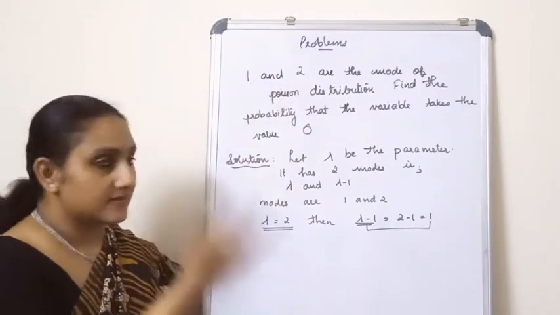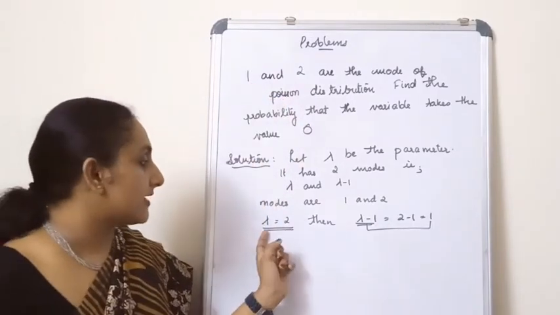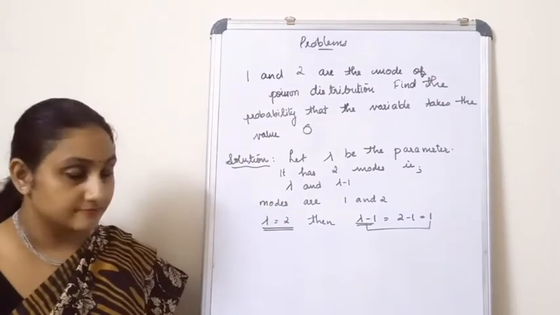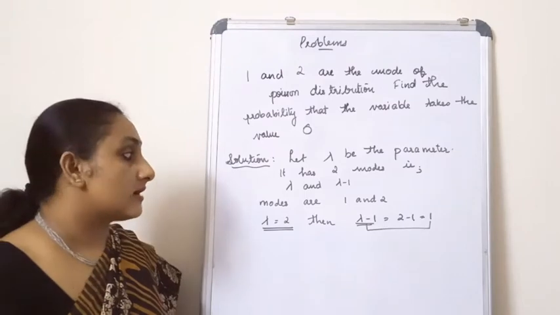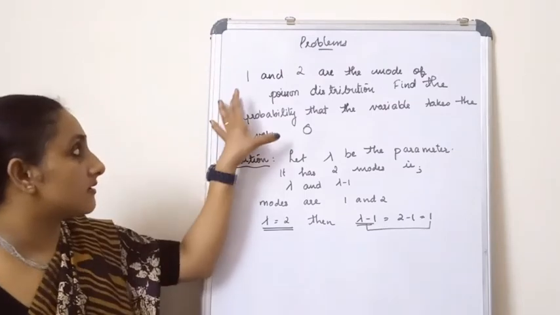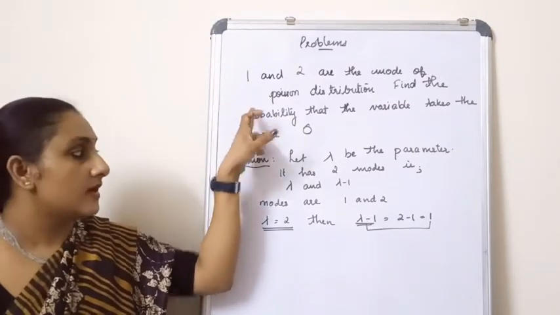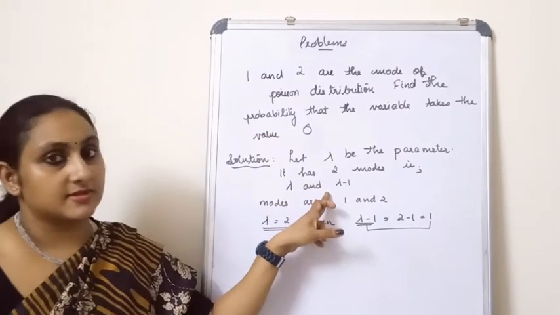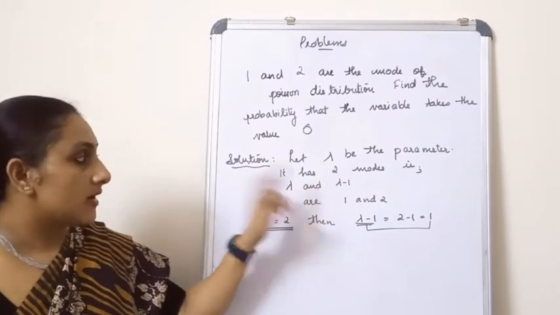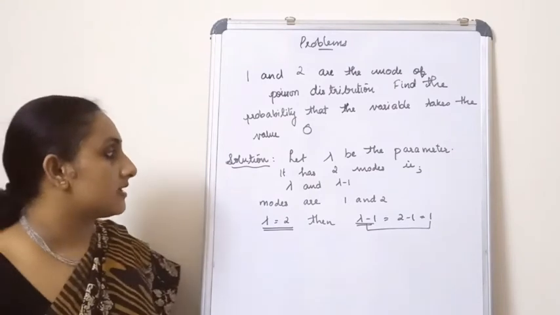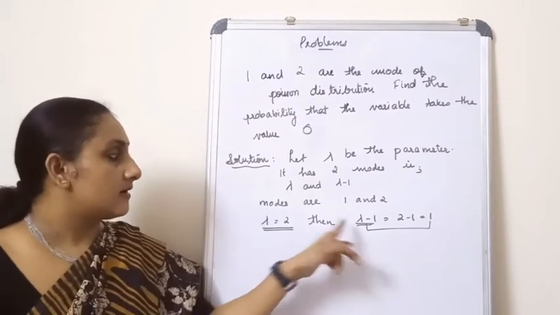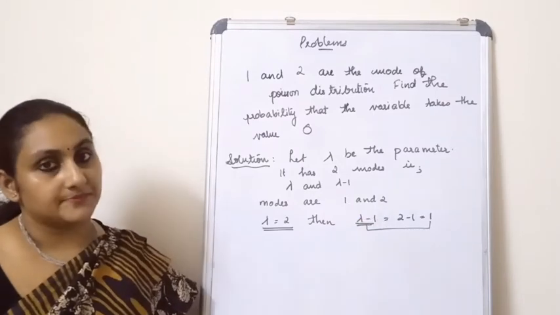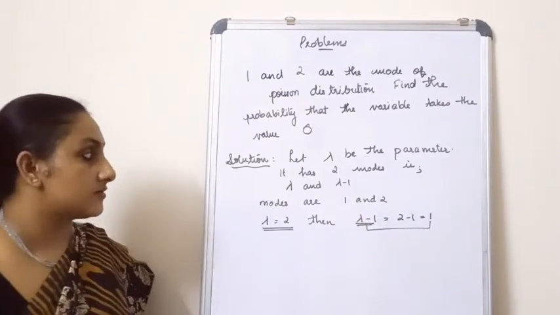Otherwise, if lambda is equal to 1, then lambda minus 1 will be 0, and you won't be able to connect the question with your theory. So in order to connect it, I take lambda as 2 and lambda minus 1 as 1. I hope it's fine with you.